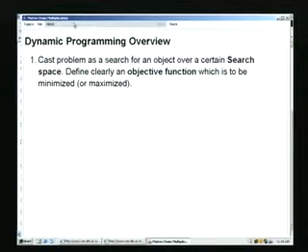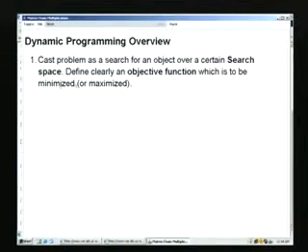We would like to see if dynamic programming can be used to design an efficient algorithm for solving this problem. So, let me give a quick overview of the whole dynamic programming idea. In dynamic programming, the first step is to cast the problem as a search for an object over a certain search space.